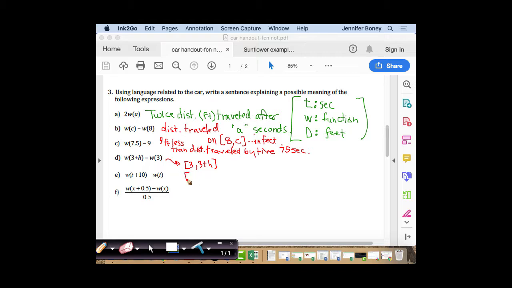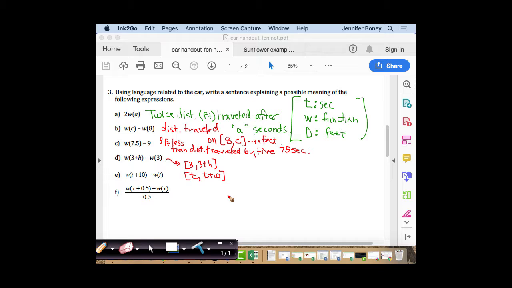Same sort of thing here, only this one has a general starting point. We could talk about the distance traveled during an interval t through t plus 10. So this one has a known length of interval. It's a 10-second interval starting at time t seconds, whereas the last one was an h-second interval starting at time 3.